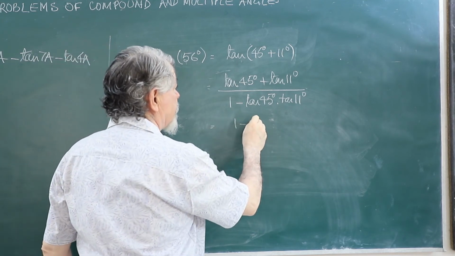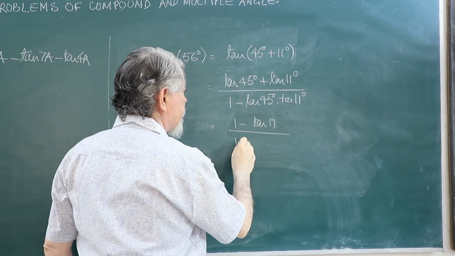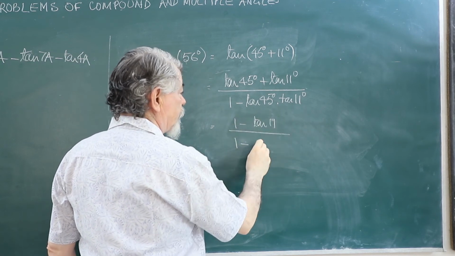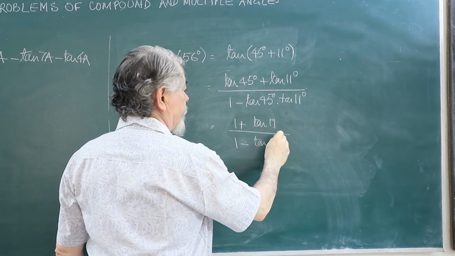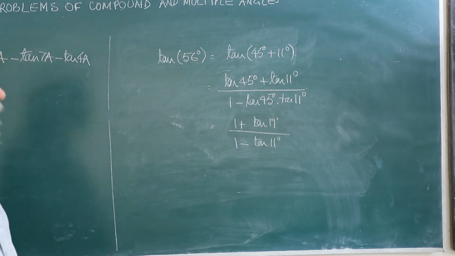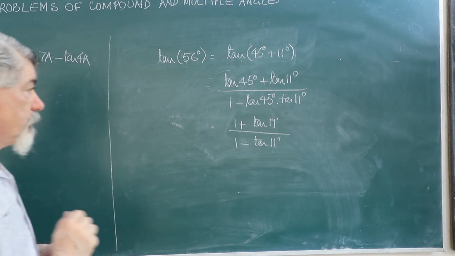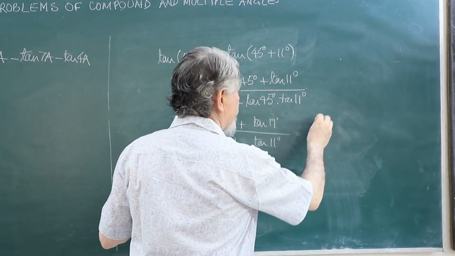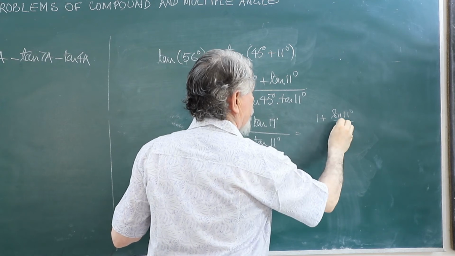So 1 plus tan 11 upon 1 minus, again tan 45 is 1, so tan 11. But I want the answer in terms of sine and cos. So I should change tan in terms of sine and cos. It will become 1 plus sine 11 upon cos 11.